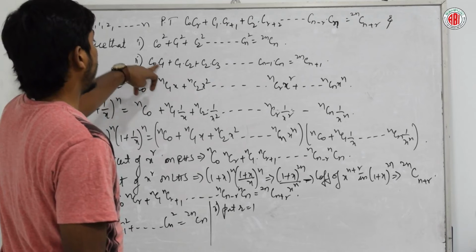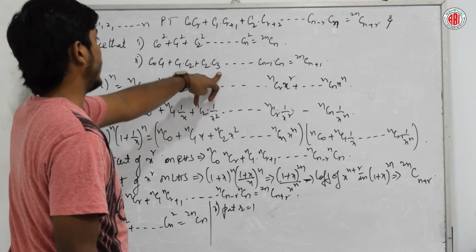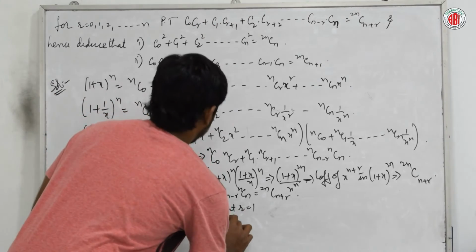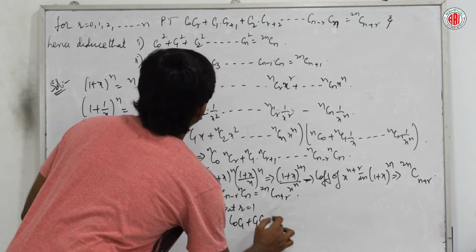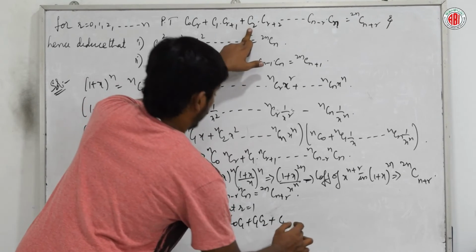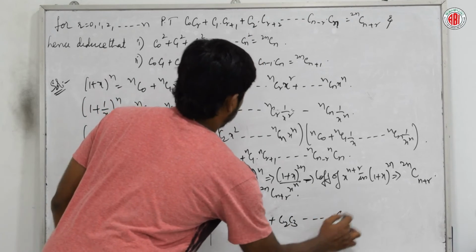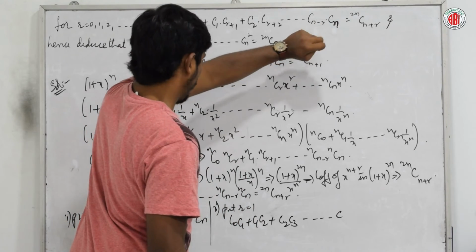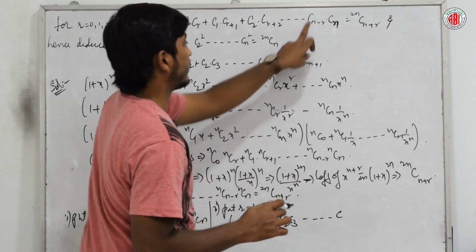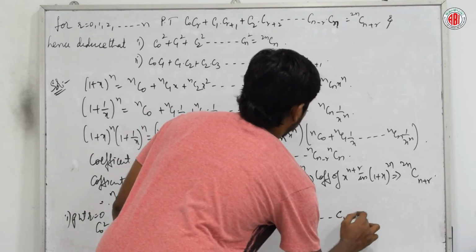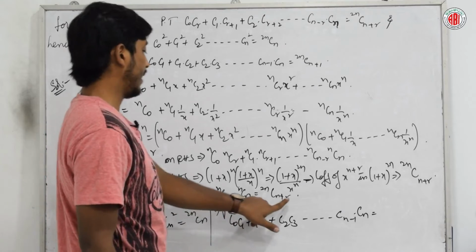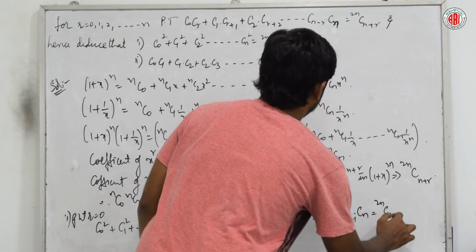Next, to find the second one, put r is equal to 1. Just check c0 c1, c1 c2, c2 c3 and so on up to n minus 1 into cn. n minus 1 into cn is equal to 2n c n plus 1.